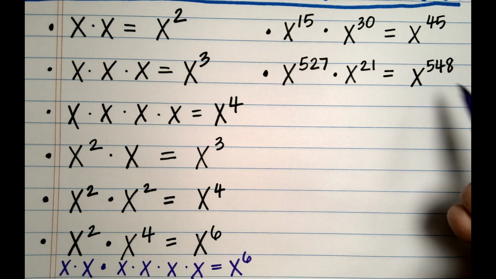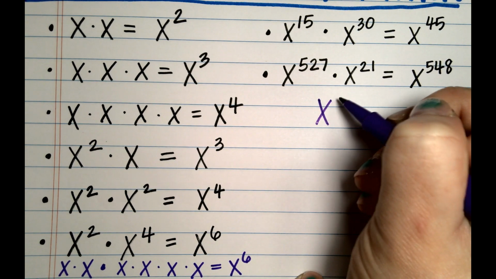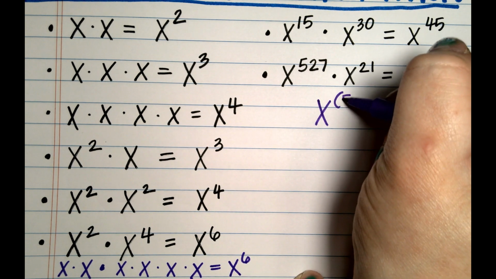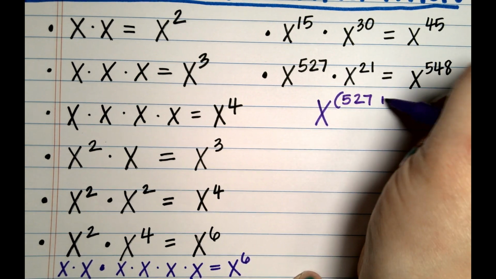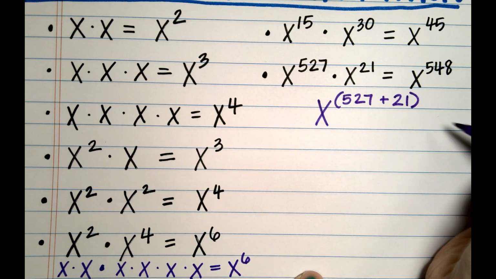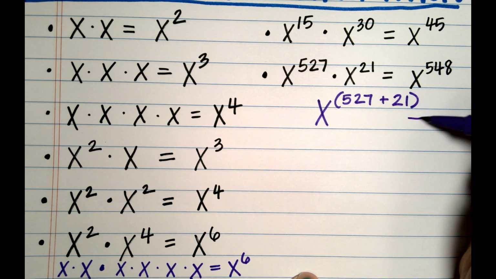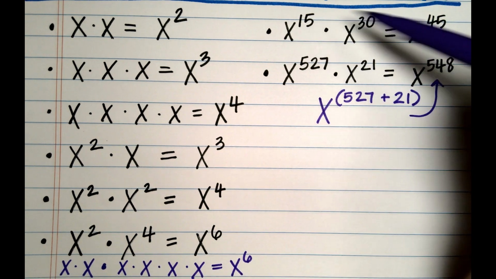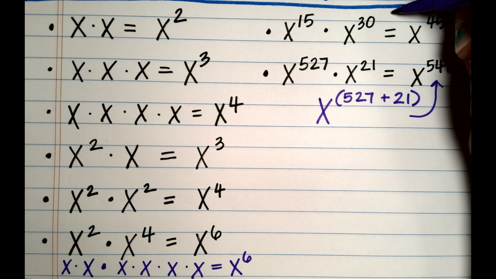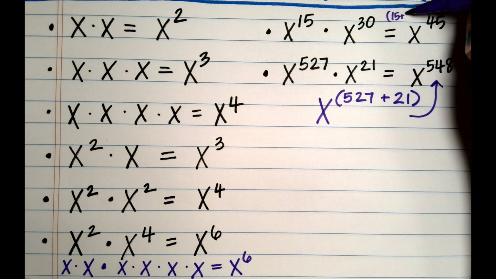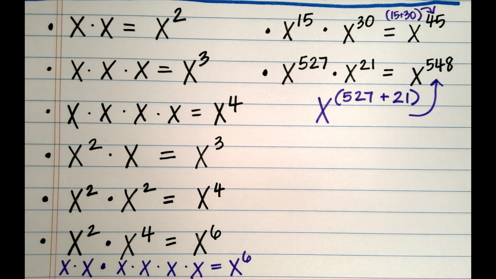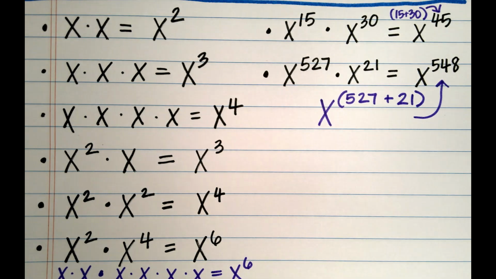And all we did to get here is x to the 527 plus 21, and that's how we got 548. Same with 15 plus 30, that's how we got 45. I think it's kind of neat.